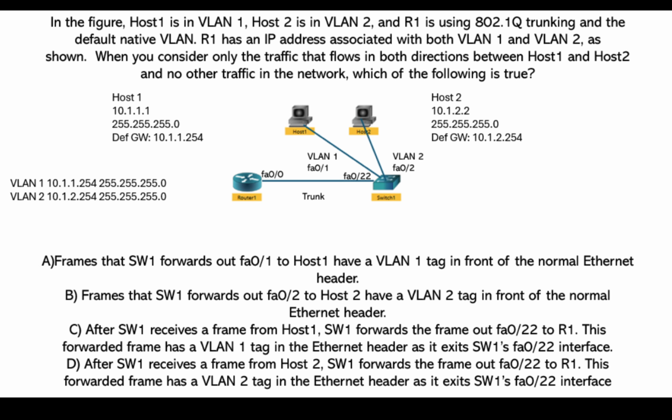Host 1 is connected to FastEthernet 0/1, configured in VLAN 1. Host 2 is connected to FastEthernet port 0/2, configured in VLAN 2.